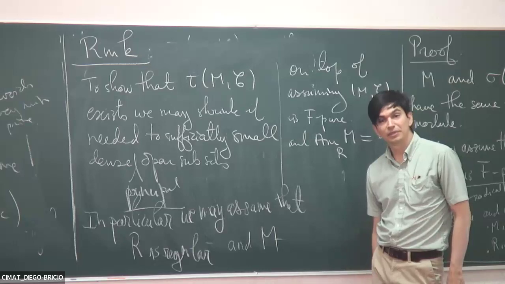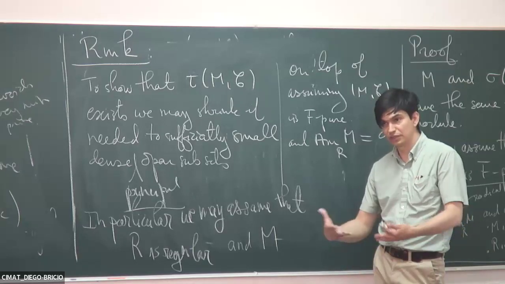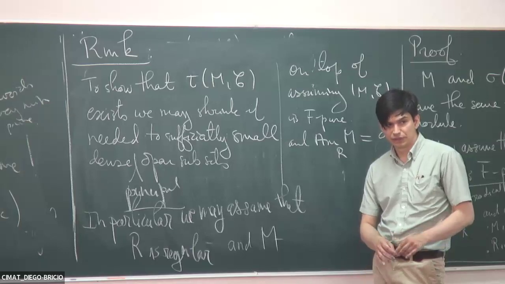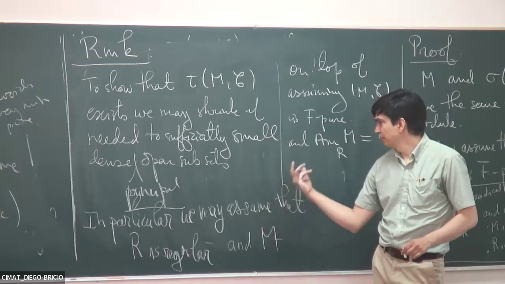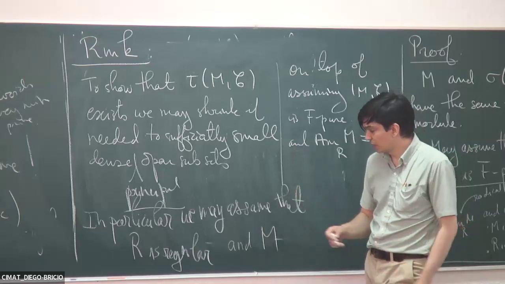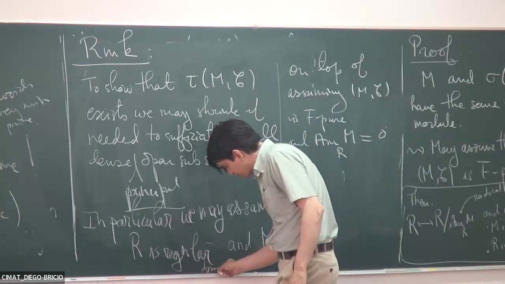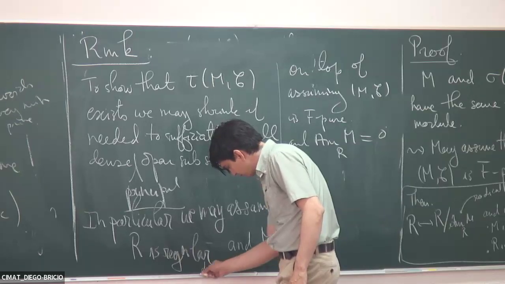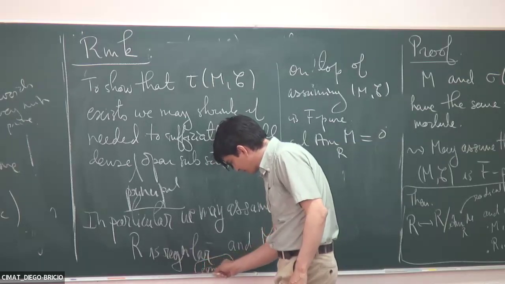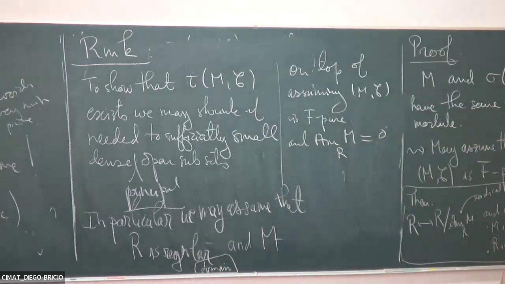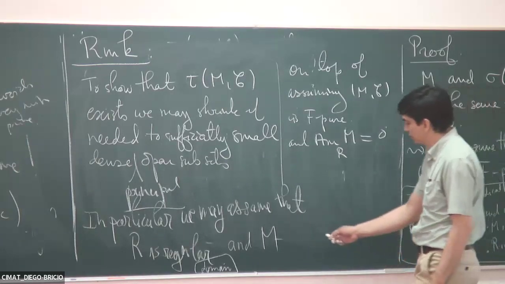So we may assume that N is free by generic freeness, because it is finitely generated, right? So think of R being a domain. Actually, we can assume that R is a regular domain as well. And so we may assume that N is just free too.